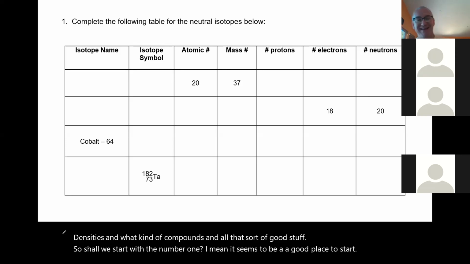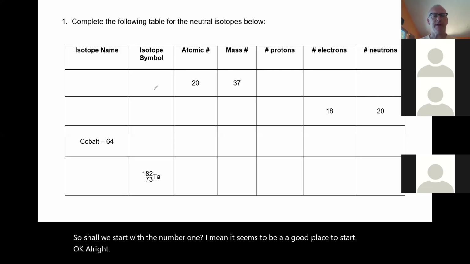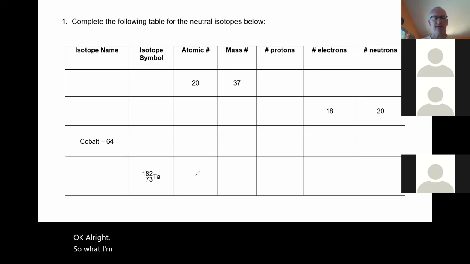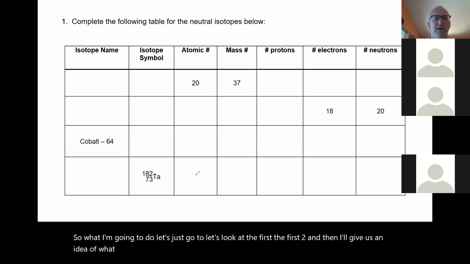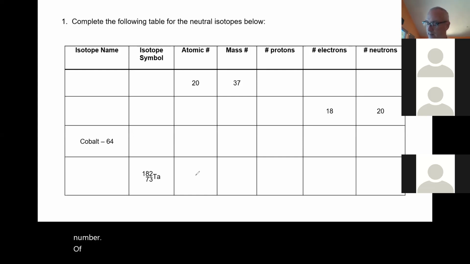All right, let's look at the first two, and then I'll give us an idea of what we want to do. The very first one, the only information we have is an atomic number of 20 and a mass of 37.